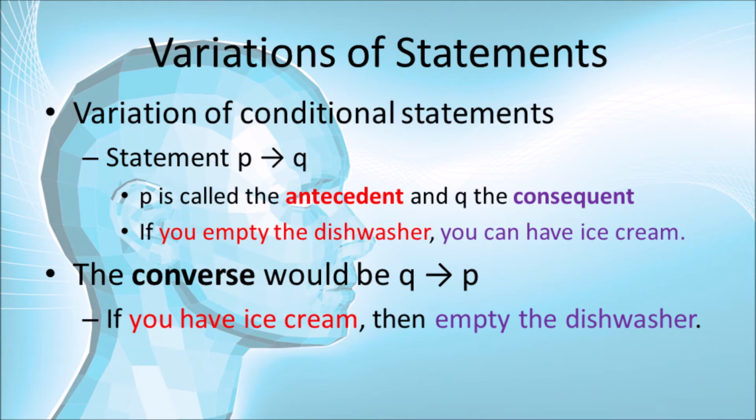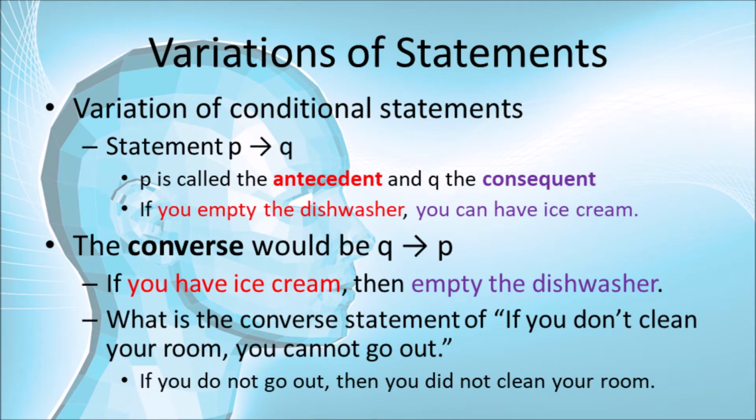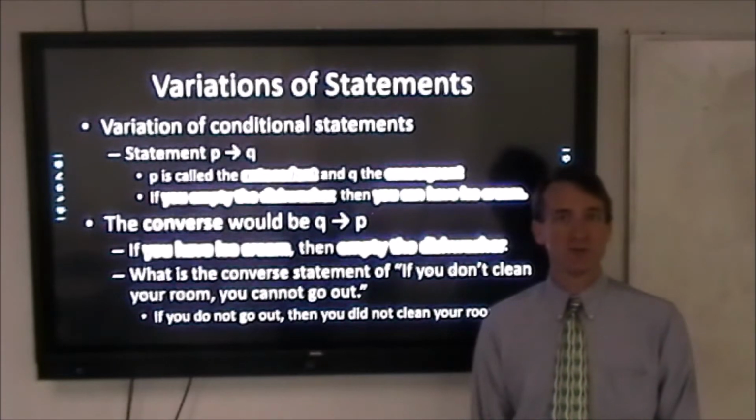So we are simply switching those two pieces around. What would be the converse statement of if you don't clean your room, you cannot go out? Well, the converse statement would be if you don't go out, then you did not clean your room or you cannot clean your room. So the converse statement is switching the two phrases.